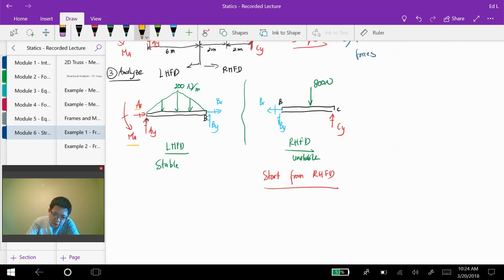We have 1, 2, 3, 4, 5, and 6. I didn't count BX and BY again because I already counted them.